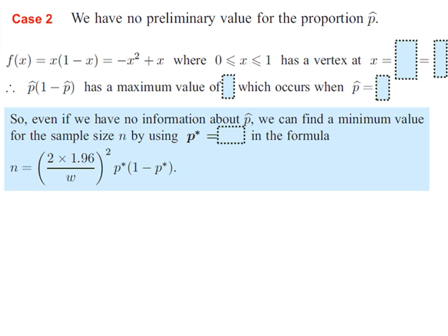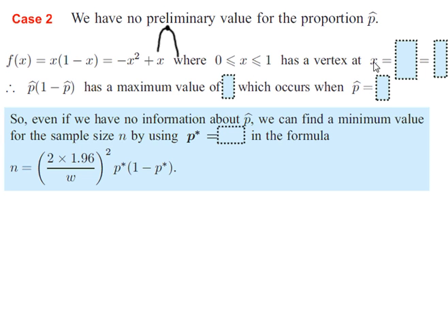Now, case 2, we have no value for the sample proportion. So what we do is we look at the fact that the sample proportion multiplied by 1 take the sample proportion is in fact quadratic in form. So consider f of x equals x times by 1 take x. We get this quadratic here, and as we know, that quadratic is upside down, and therefore it has a maximum value.